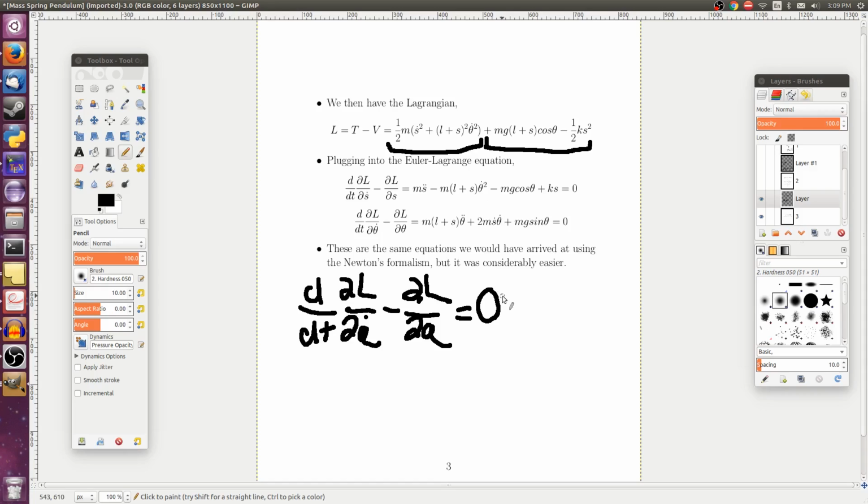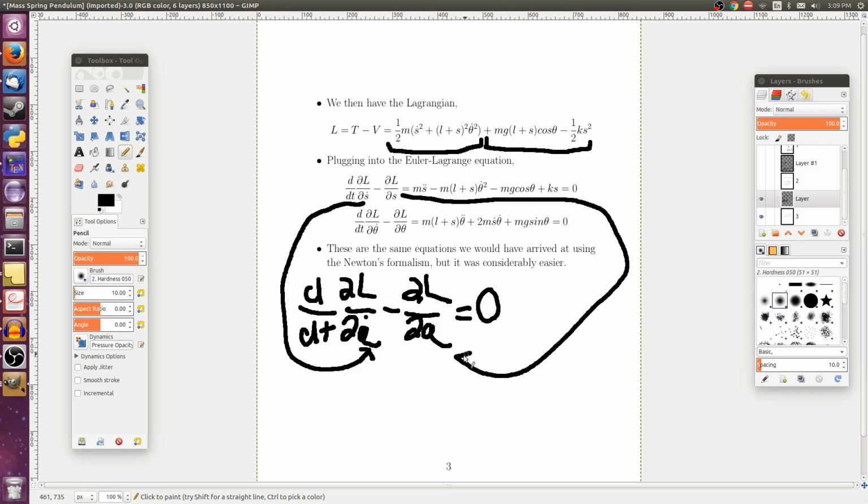So here, this is the general form, but now we actually get to plug in actual coordinates for this equation. For each generalized coordinate we have, we get to plug it into the Euler-Lagrange equation, since they're independent of each other. So we have d over dt of partial L over partial s dot minus partial L over partial s, and a similar situation for the theta direction.